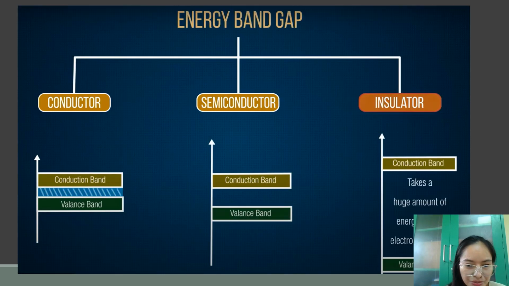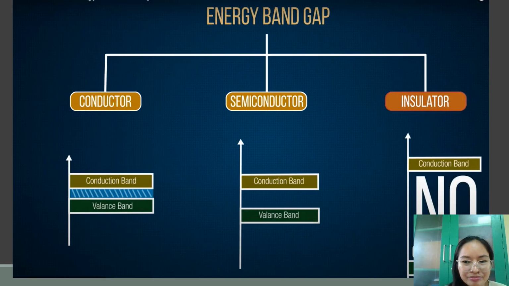So therefore, in insulators, it takes a huge amount of energy for the electron to jump from the valence band to the conduction band. That is why insulators cannot conduct electricity. The gap is too huge and requires so much energy.